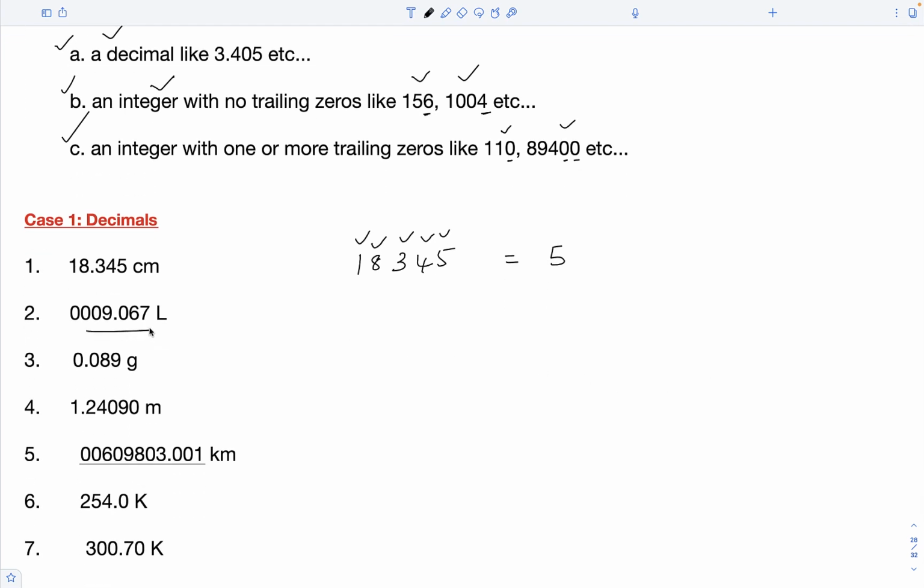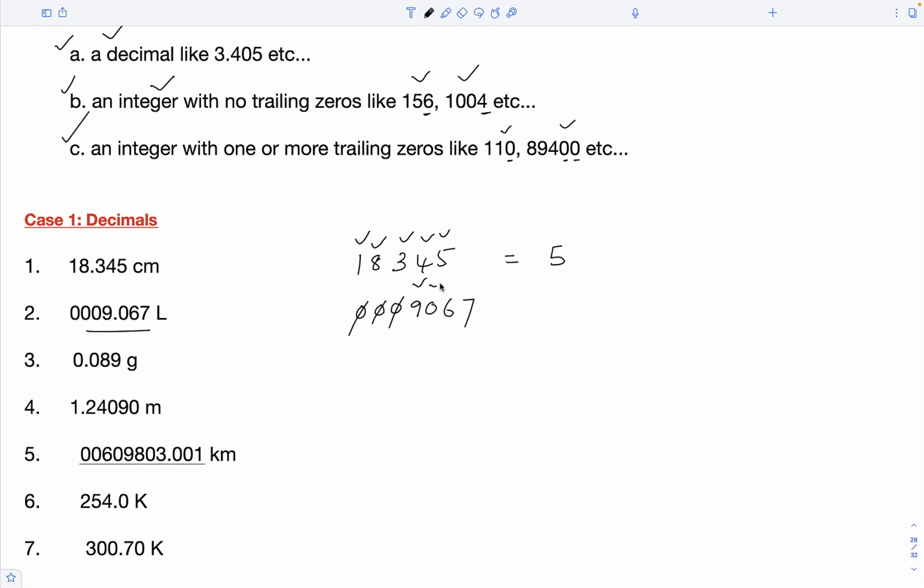How many significant figures are there in this example? Again, rewrite this number without the decimal point. It will be 0009067. Then drop every digit that does not change its magnitude. See, these leading zeros do not add to the magnitude of this number. So we can strike off these 3 zeros. But we cannot remove any of the remaining 4 digits without changing its magnitude.